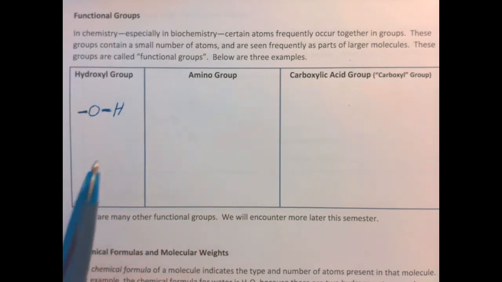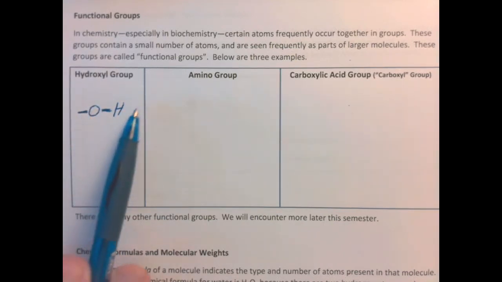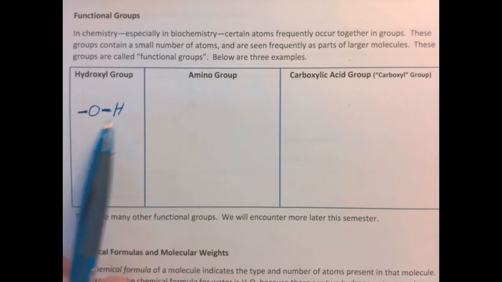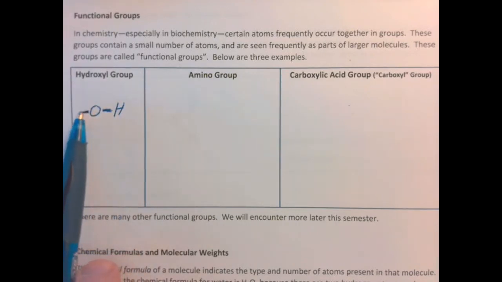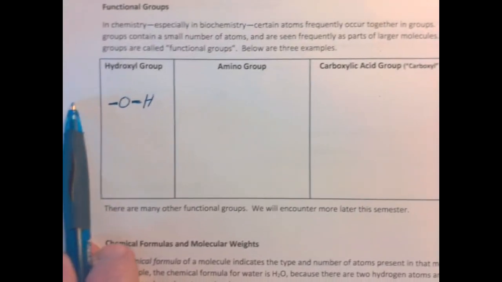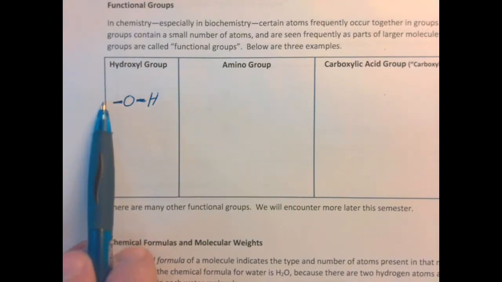Well, in the case of a functional group, it's not a complete molecule. It's not a finished molecule. It's a group of atoms, and one bond off one of the atoms is going to be left seemingly going nowhere. It's going to be dangling off into space, because that's going to be the bond that's going to allow this oxygen to hold on to some other larger molecule that simply isn't drawn right now.